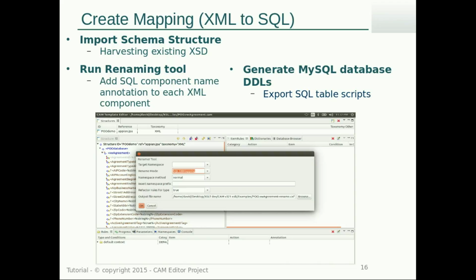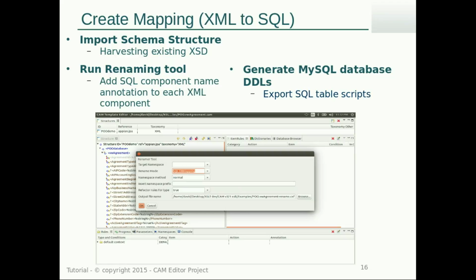The next piece of it is going the reverse. So we've got an existing XSD, and so we have those uppercase camel names, and now we want to use the DB mapper.